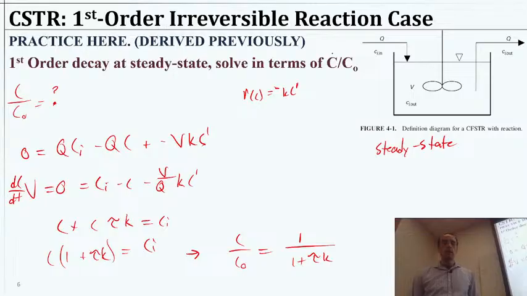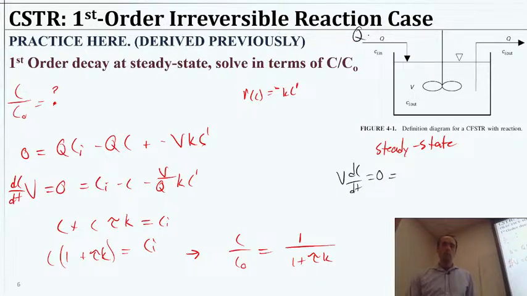And here we're saying let's solve this for C over C naught. So for a CSTR at steady state, we have some accumulation rate overall that's set to 0.